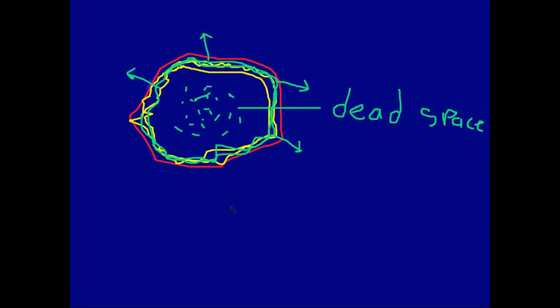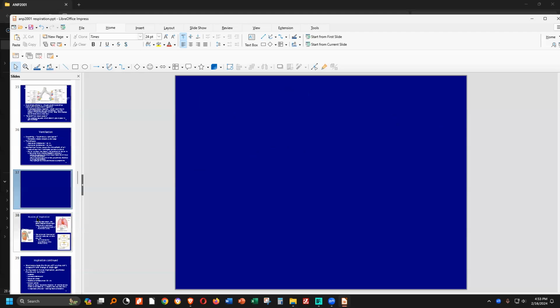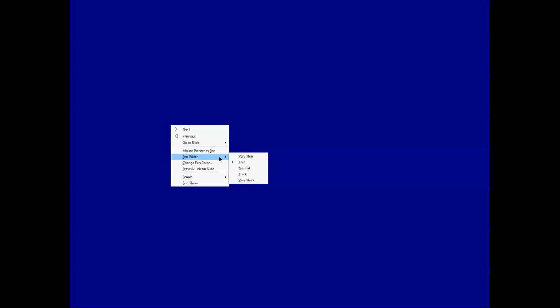And the bigger the dead space is, the less oxygen you can pull out. Now that's important with regards to some diseases, like for example, emphysema. Y'all know emphysema? Anybody ever heard of emphysema?